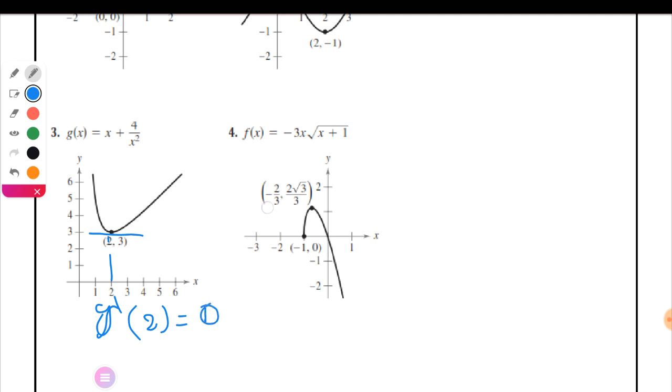Here we also have a horizontal tangent. Here, the derivative of the function f at negative 2 over 3 equals 0, because it is a horizontal tangent. Okay. I think it's clear now.